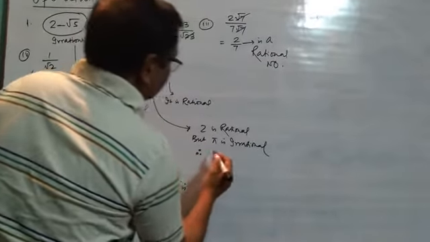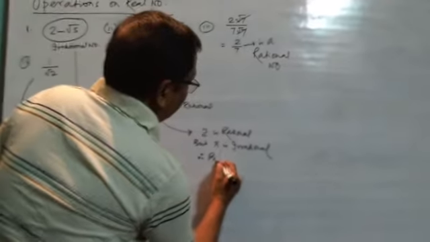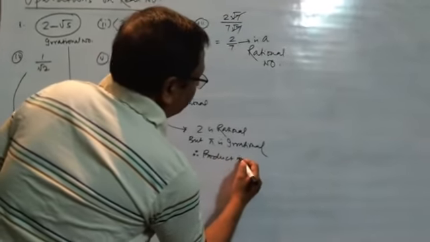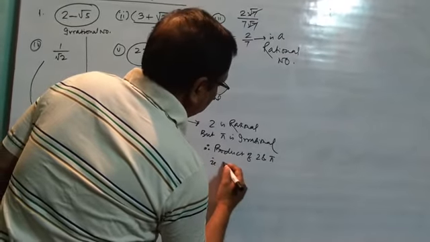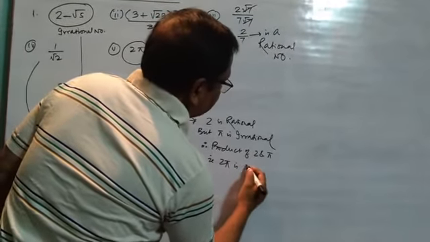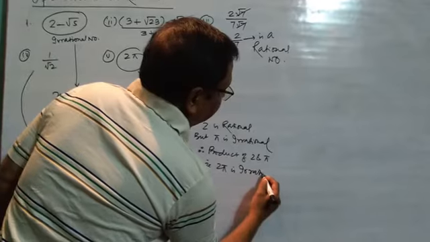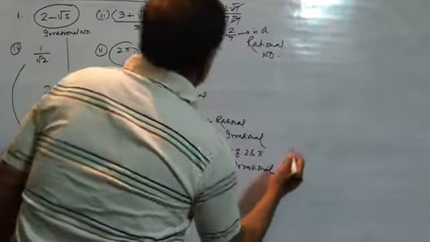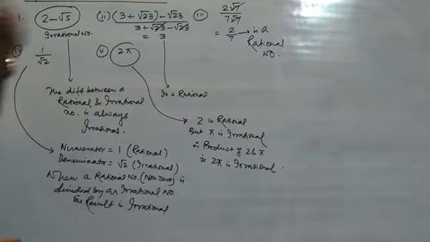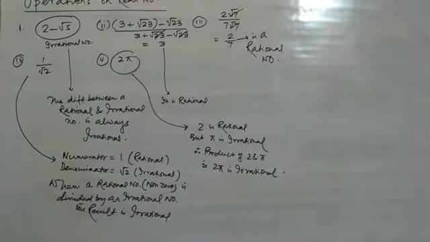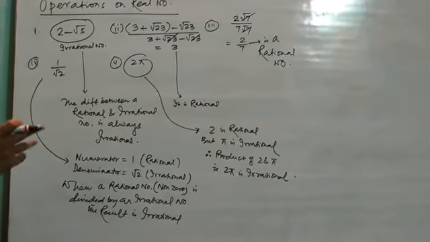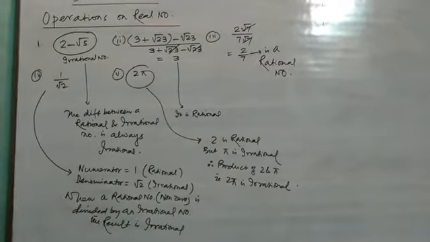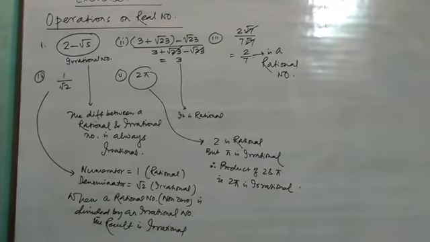Therefore, the product of 2 and pi, that is 2 pi, is irrational. So this is the way we will do the first question of exercise 1.5. I hope it is clear to you.